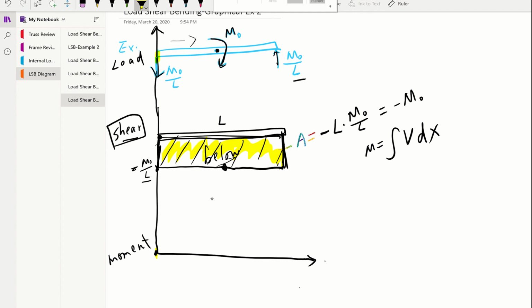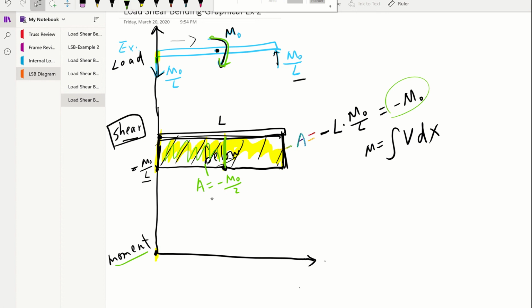When you integrate shear, it starts at 0 because the area underneath this line is 0. And until you get to the midpoint, why do we stop at the midpoint? Because we have this moment that's going to impact this moment diagram. So when we look at just the first half, that area is going to be half of this value, negative M naught over 2.